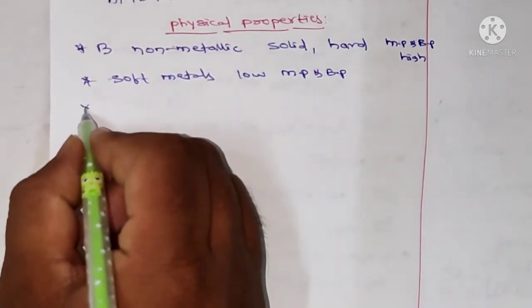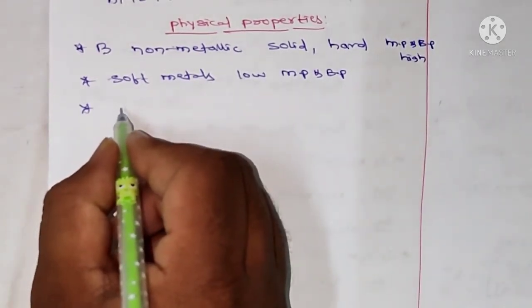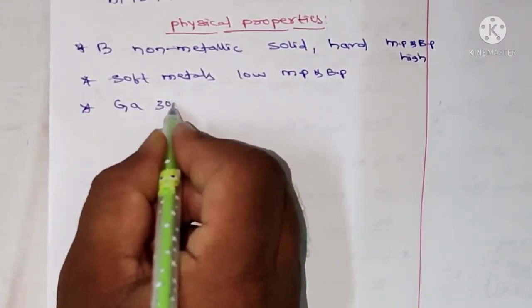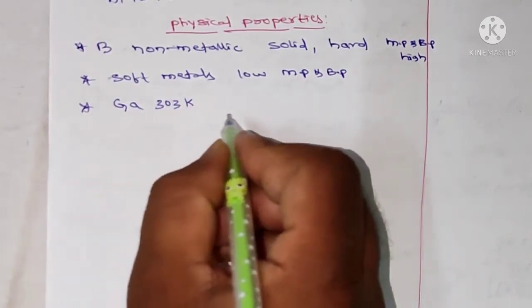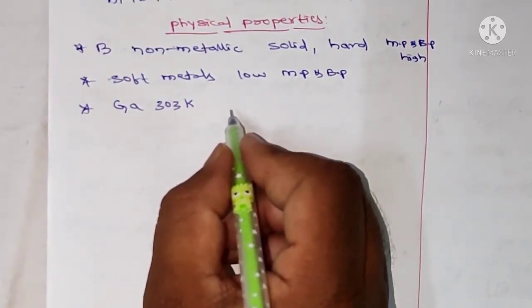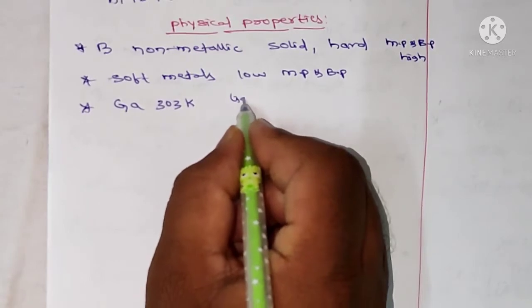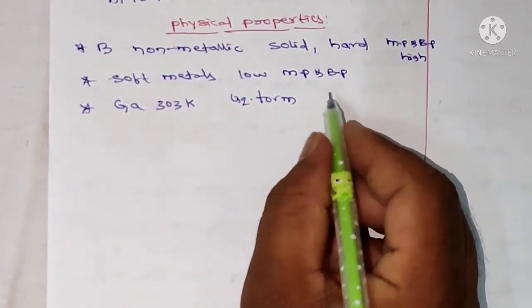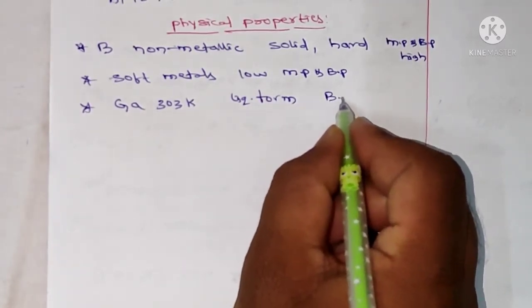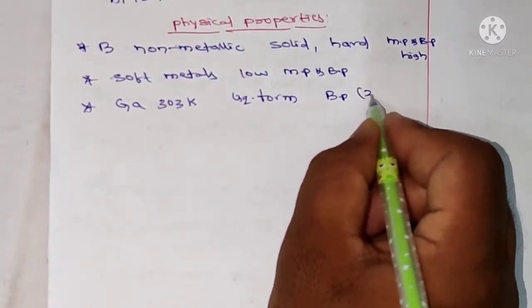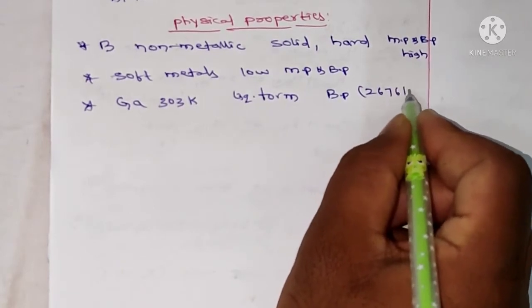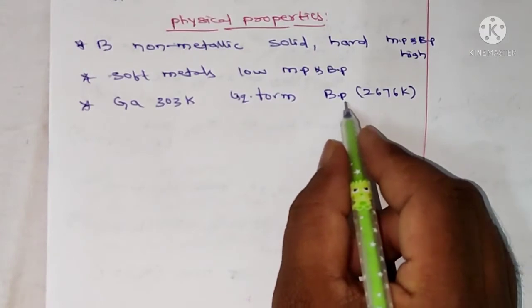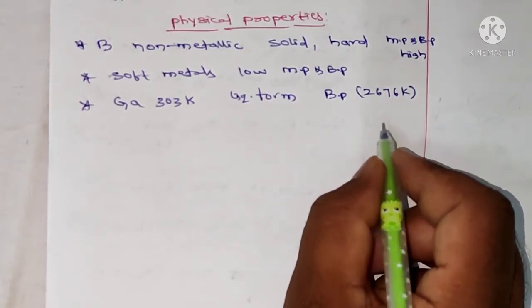Gallium has a low melting point, that is 303 Kelvin. In summer, gallium may exist in liquid form. It has a high boiling point, that is 2676 Kelvin.